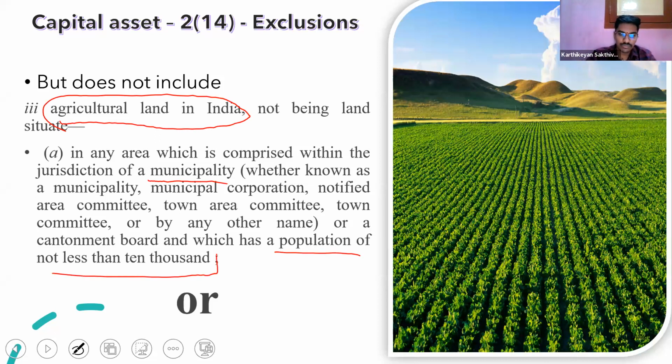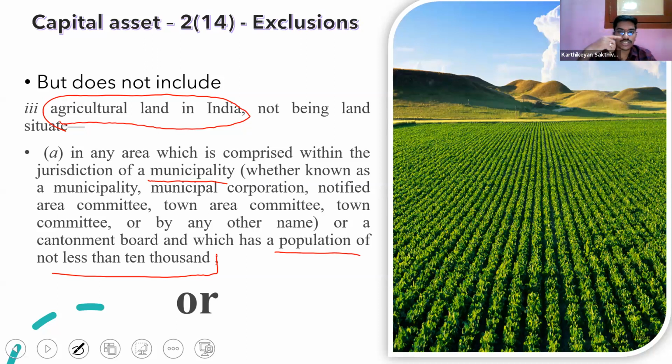So basically assume for example, in Chennai, in the heart of the city, I'm just planting 10 plantain trees. You cannot say that it is an agricultural land. Agricultural land should be rural. Only rural agricultural land is eligible for the capital asset exclusion. Capital gains arising from transfer of urban agricultural land is taxable. Whatever is arising only from a rural agricultural land is exempted.